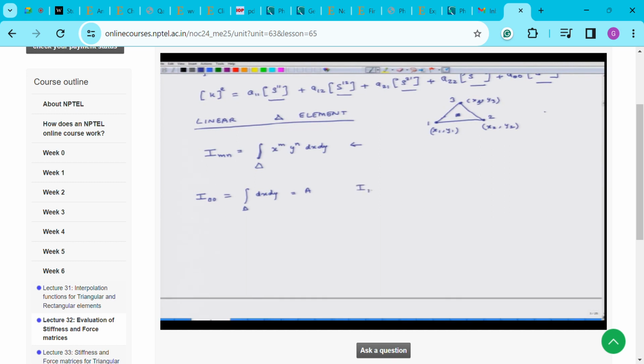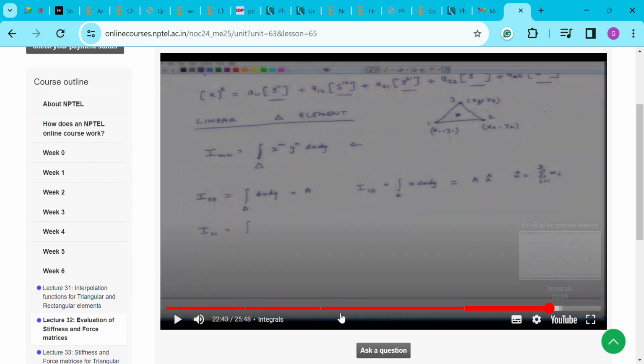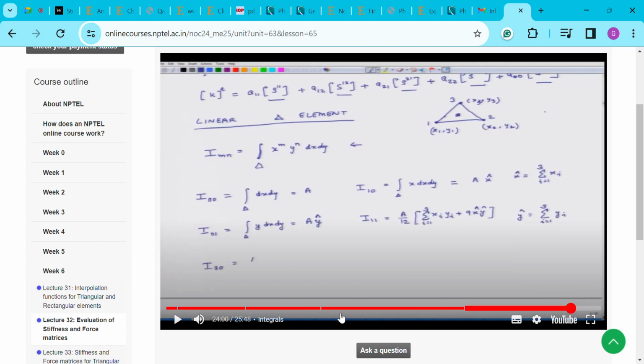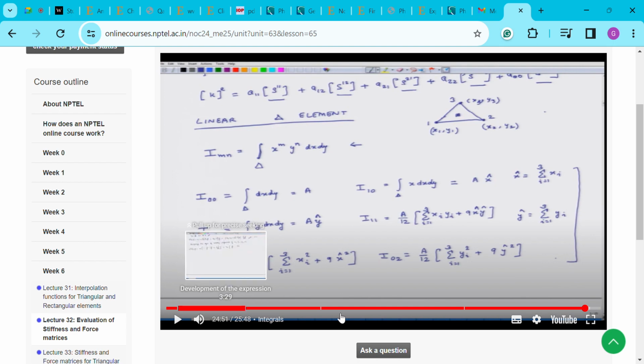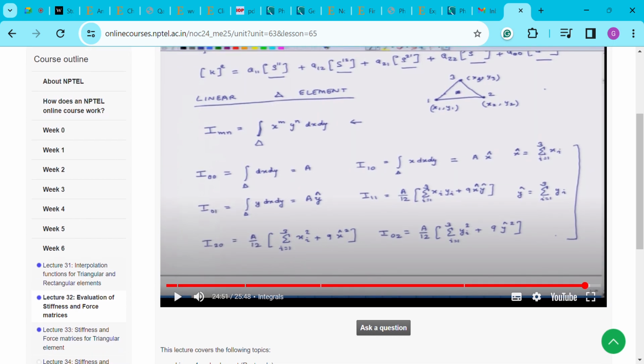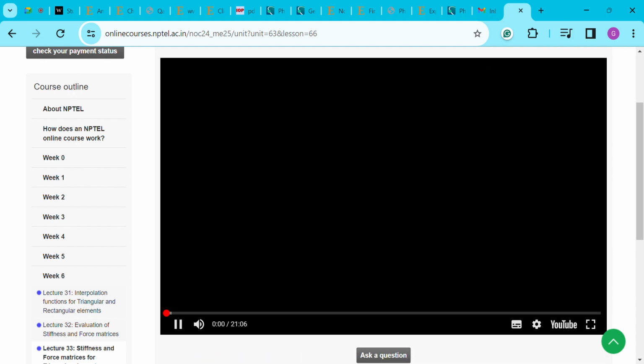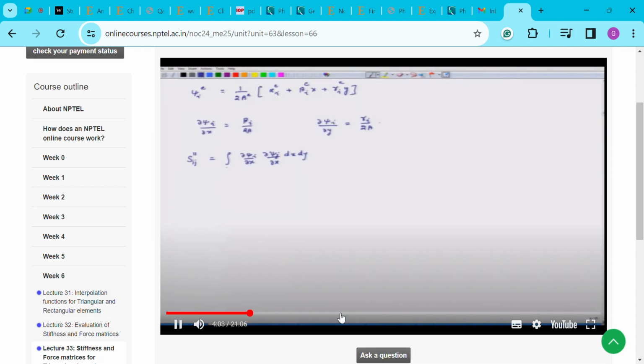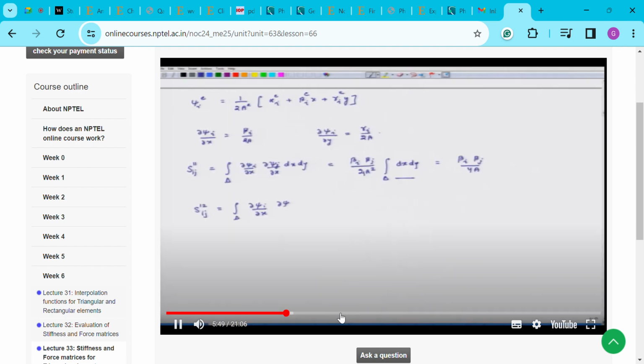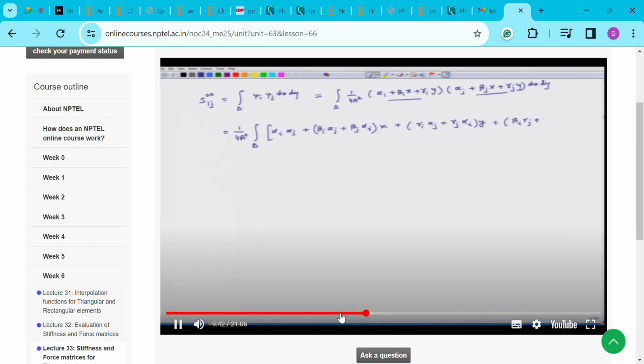Just a minute, just writing that out. Is it in 32 or 33? I guess 33 only. Yeah, 33, integral of force dx times psi j.